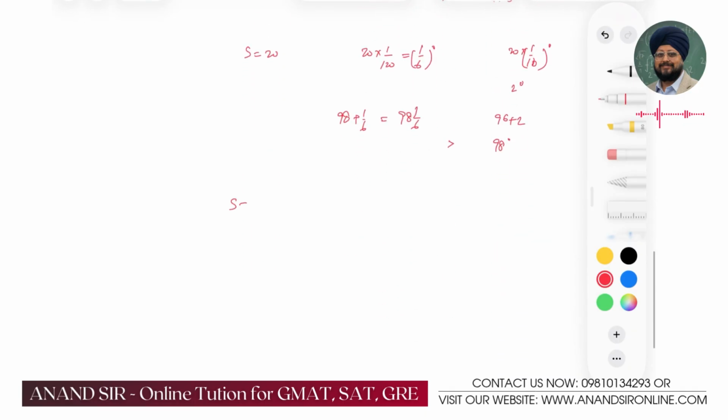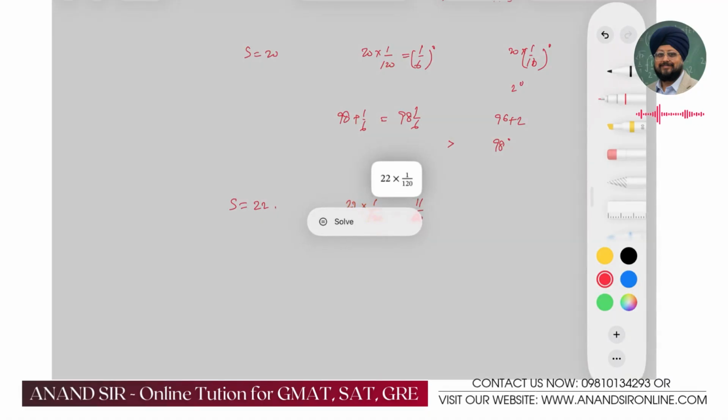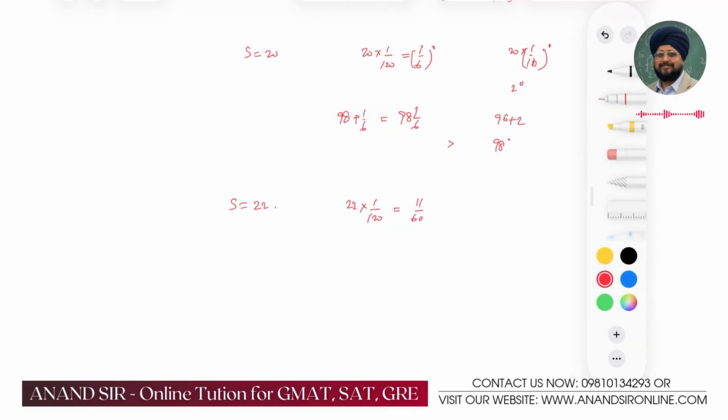Now let us suppose when s equal to 22, then the hour hand covers 22 into 1 by 120, that is 11 by 60. 11 by 60 if I convert into decimals, let me check. 11 divided by 60 is 0.183, that is approximately equal to 0.2.